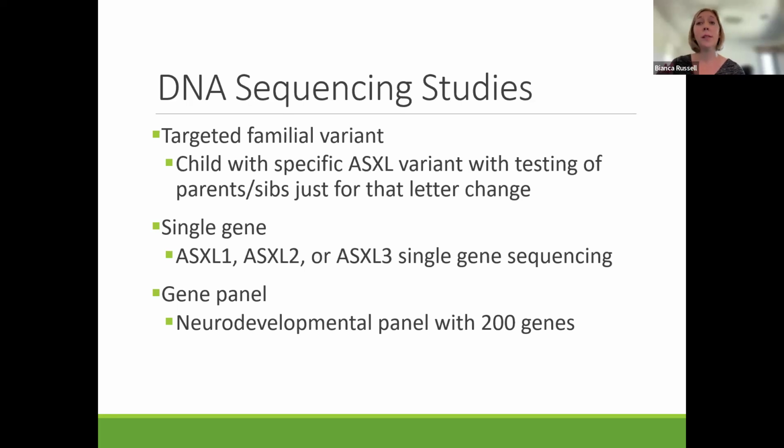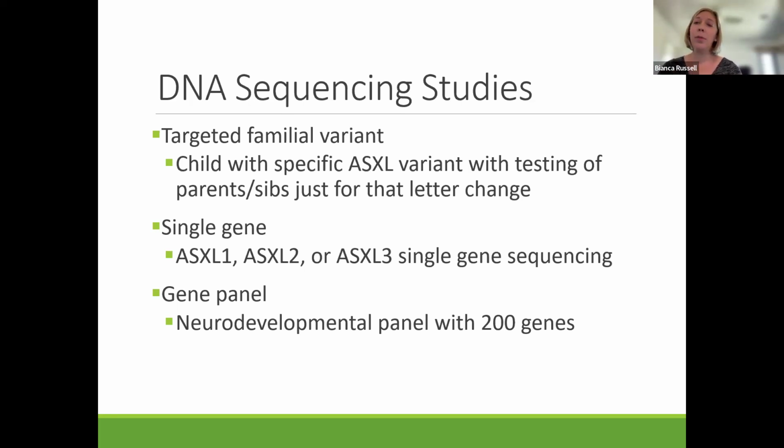So we don't sequence the whole word or gene, but instead focus on just the letter change that the family member is known to have. We can also do single gene sequencing. In this case, if we were very suspicious that somebody had an ASXL1 related disorder, the geneticist or clinician ordered single gene sequencing where we just looked at the letters in that one ASXL gene.